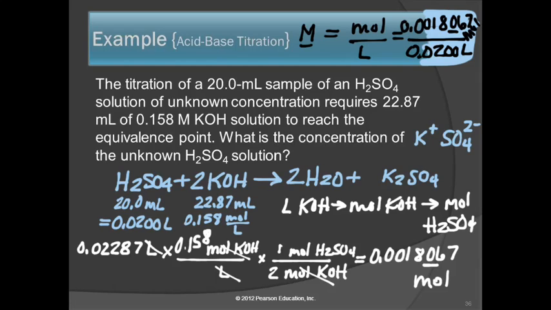So 0.0018067 divided by 0.02, and that's going to be equal to, rounding to 3 sig figs now, 0.903 molar. That's the concentration of the sulfuric acid solution. Any questions?